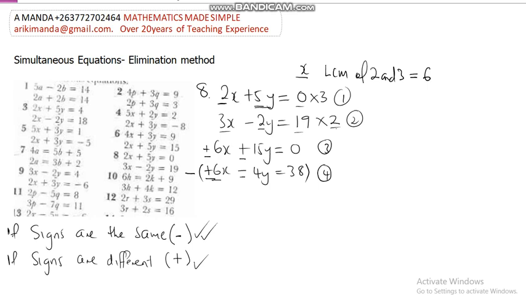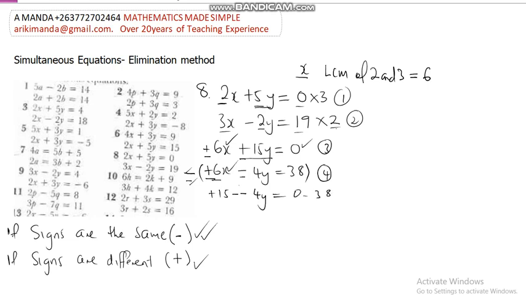So 6x minus this 6x, we get 0. It means we've eliminated x. We are left with y. So this is plus 15y minus 4y is equals to 0 minus 38, right?